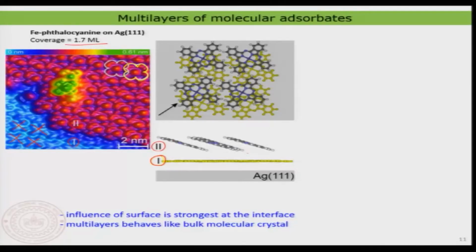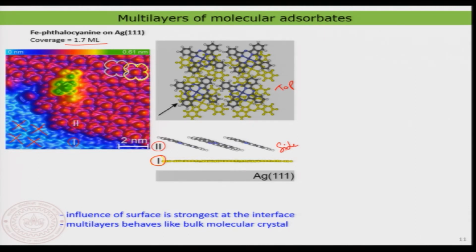It is basically getting tilted with respect to the basal plane of the surface. That is interesting. So, the molecule is getting tilted, and this is a side view and this is the top view. You can clearly see in the top view how the molecular orientation is happening.